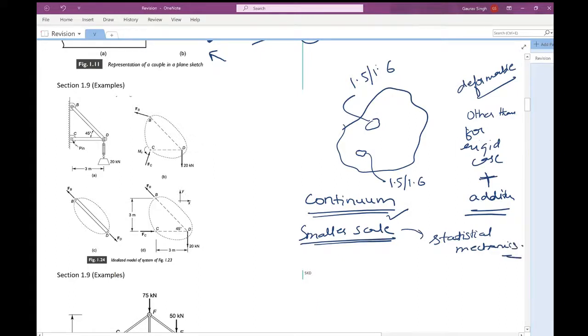When you learn a course in your material science, you will see how a piece of iron or a metal which looks continuous is actually made up of very small grains, or depending on which level you want to see it, grain boundaries and so on, and this whole concept of equilibrium may not apply then.